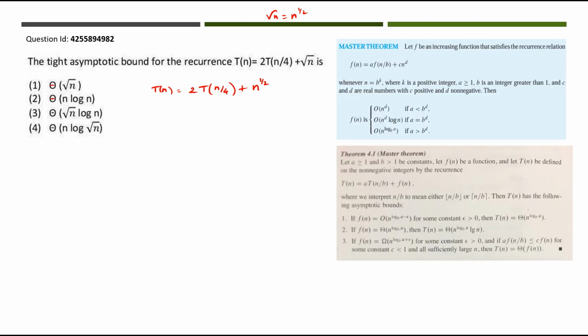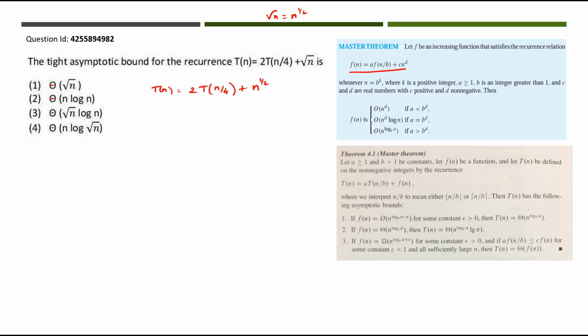Now we will see the Master's theorem. Whenever I discuss a Master's theorem related question, I will always give you two kinds of references, because with any reference you should be able to find the answer. All you need to understand is how to interpret the particular T(n) function based on the Master's theorem relation. Now we will take this particular theorem, a into f of n by b.